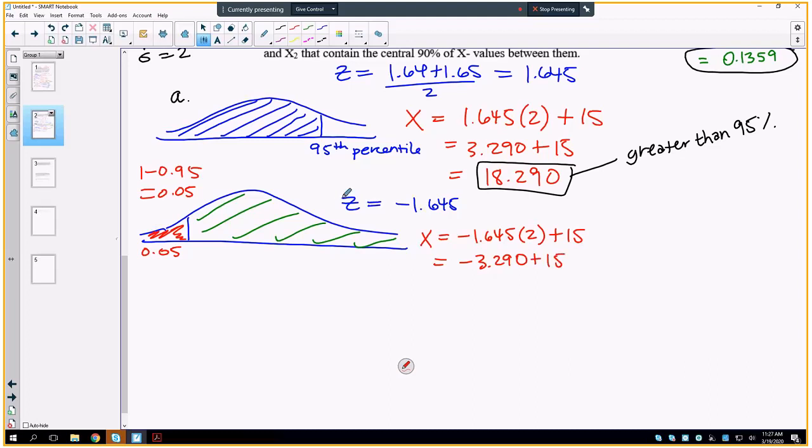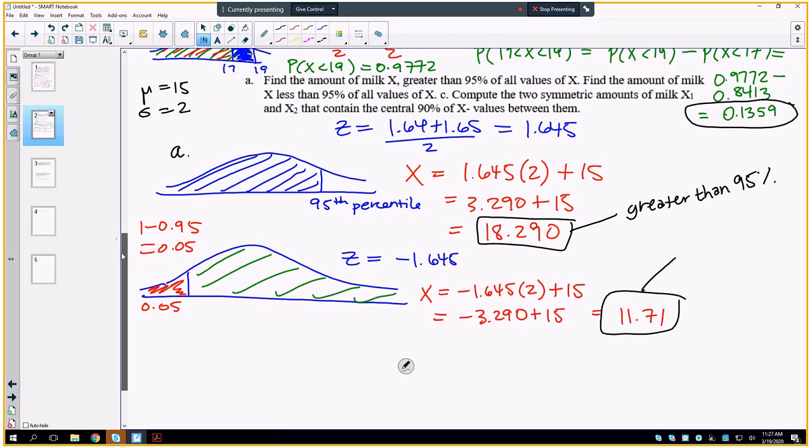So that should be 11.71. So 11.71, let's see how they worded it here, less than 95%.